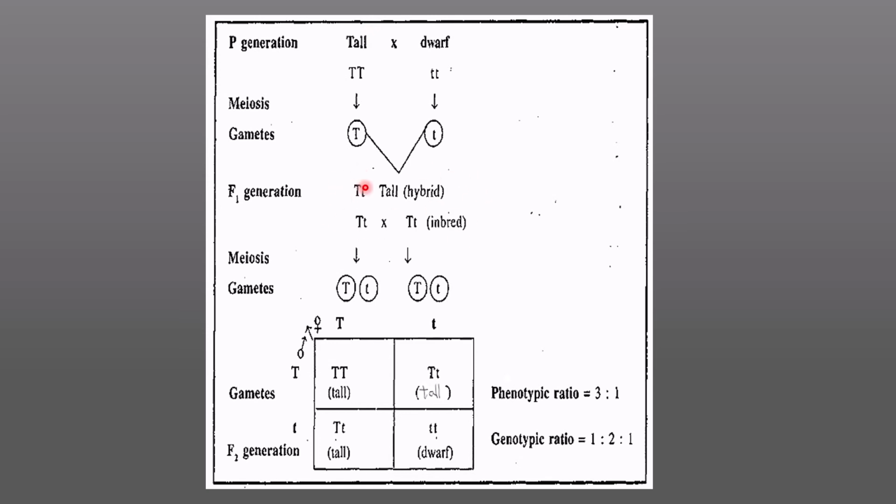Why this happens can be understood by this step. So what's happening here? Meiosis is happening, which is a reductional cell division, and then this is the gamete formation.